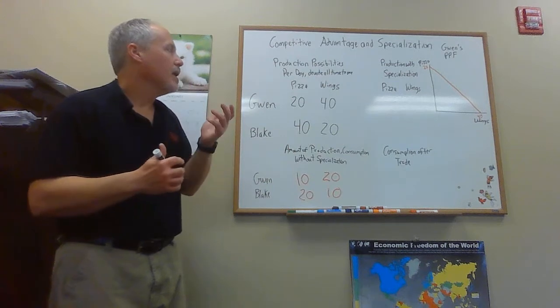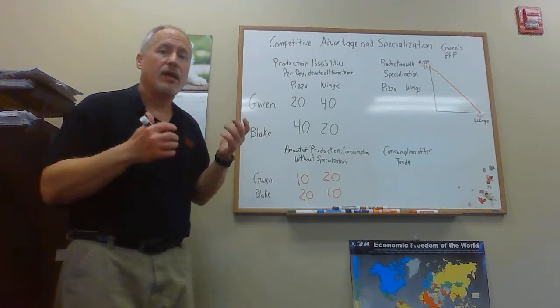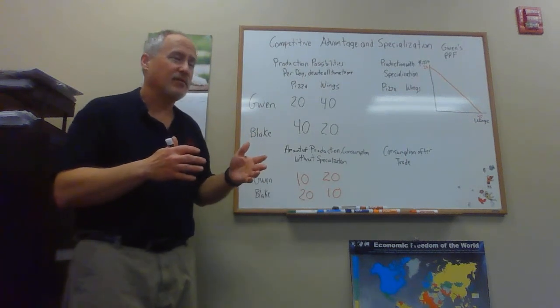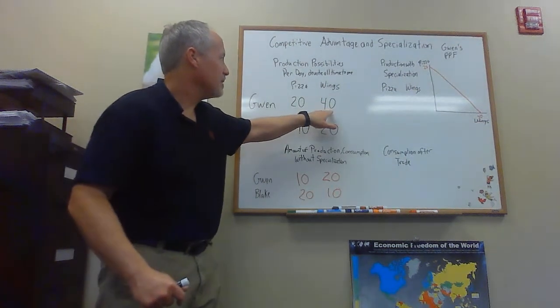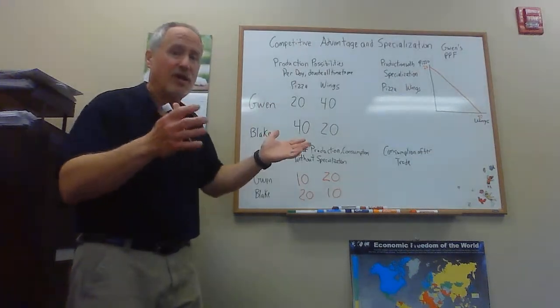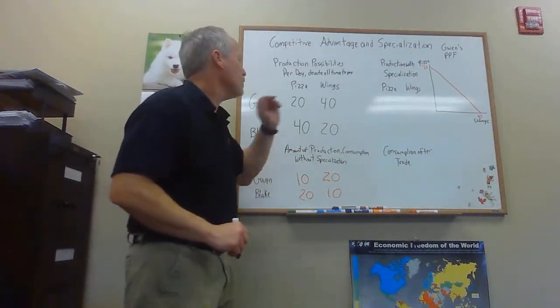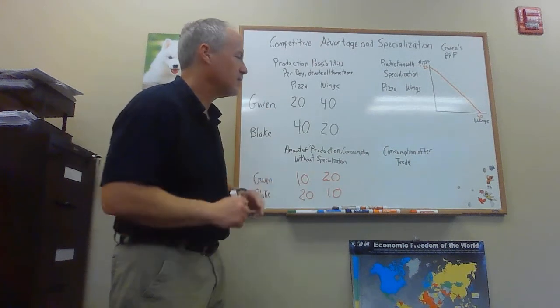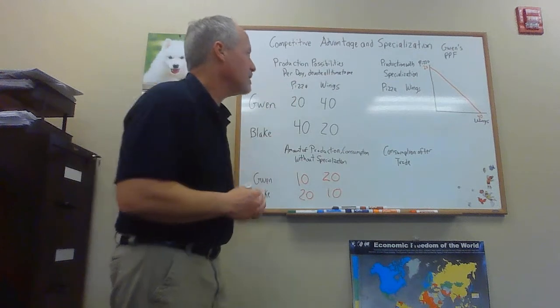Now, let's suppose that they specialize, and it's easier to see how they should specialize with competitive advantage. Gwen is better at making wings. Blake is better at making pizzas. So specialize in the thing that you're good at. Instead of spending half of her day making pizza and half of her day making wings, Gwen puts her whole day into making wings.